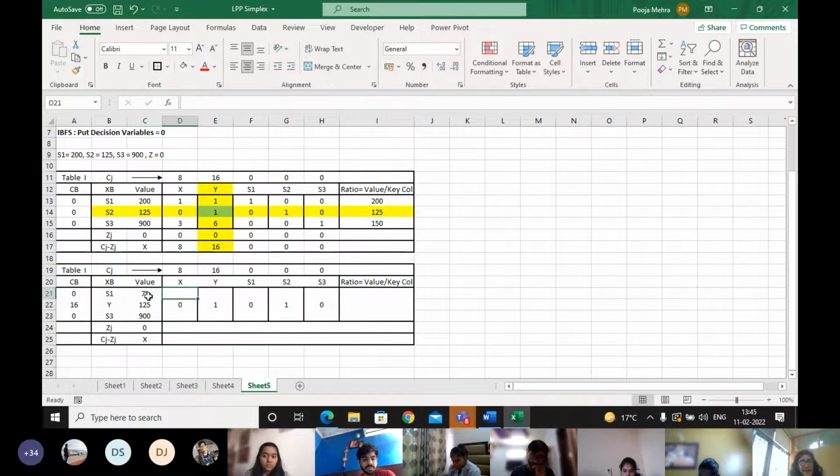Then 0. Ma'am, it will be 1 minus 1. Sorry ma'am, next 1, you already wrote 0. Then 1, then -1, -1, then 0. What about the third row?